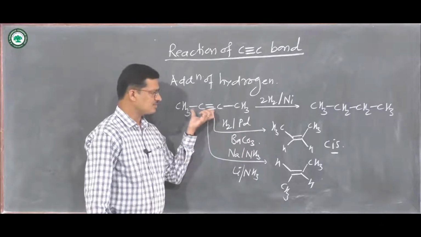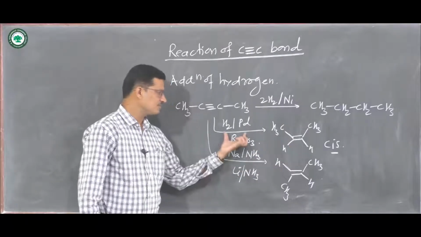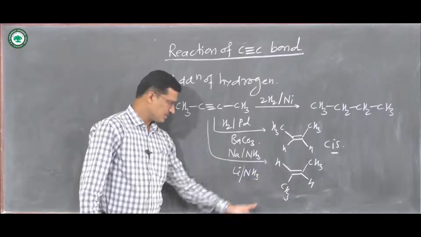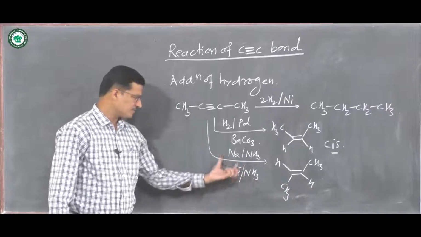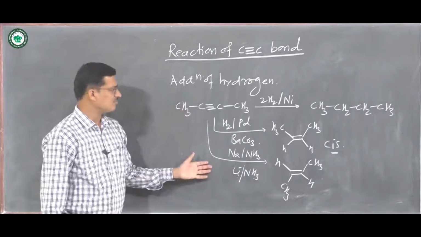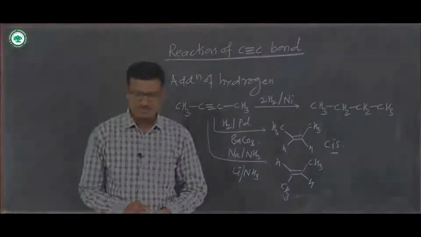We reduce the carbon-carbon triple bond into the alkene, and if we want a cis compound, then we use a Lindlar catalyst. Suppose we want a trans type of compound, then we use sodium in ammonia or lithium in ammonia. So these are some examples of carbon-carbon triple bond, and that is called the addition of hydrogen.